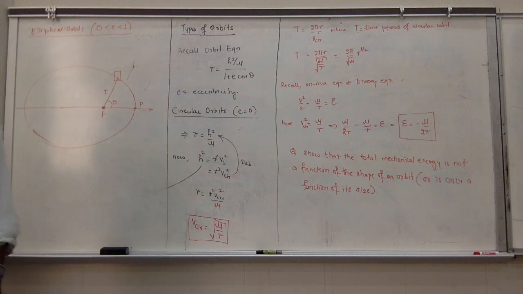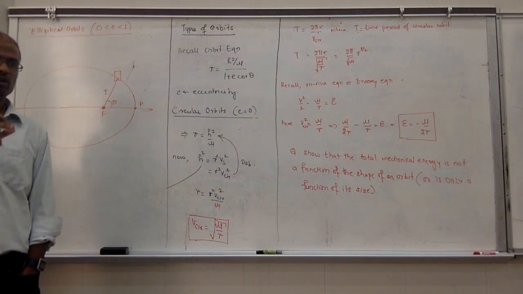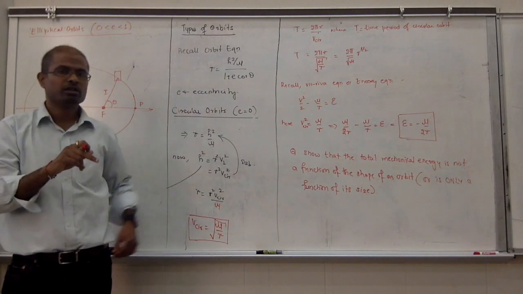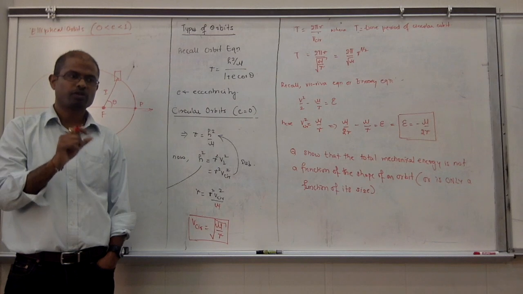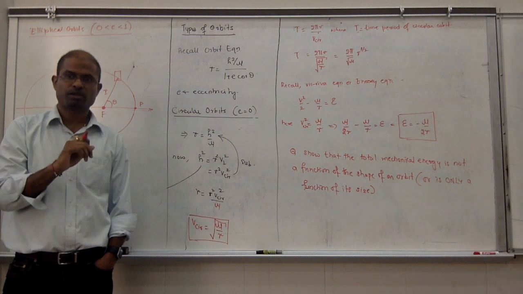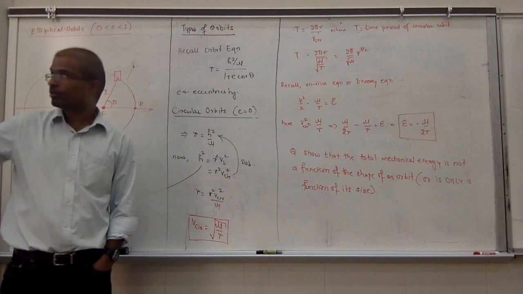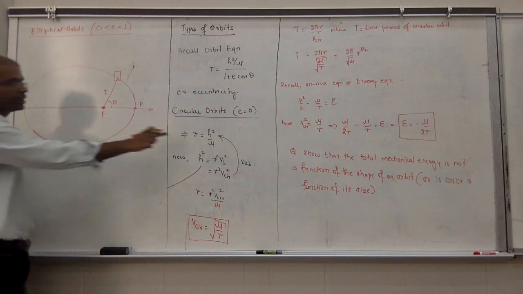So in strict terms, your eccentricity is the ratio of alpha and beta, which is again some function of the semi-major and semi-minor axis. So don't worry about beta. Just think about this theta.